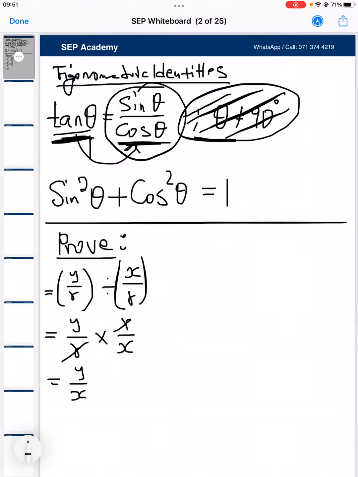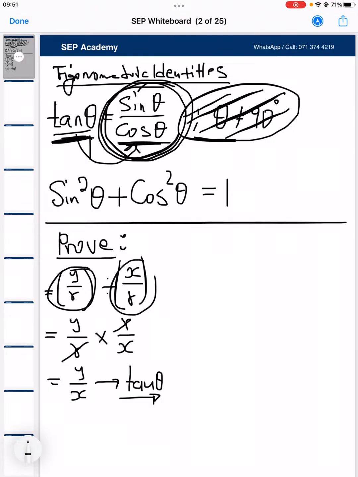And we know that y over x is the ratio for tan of an angle. So can you see that we've just proven that indeed this thing, being a that over a that, ends up being that, which is the same as that. So that's how we easily prove it. Let's say that was proof number 1.